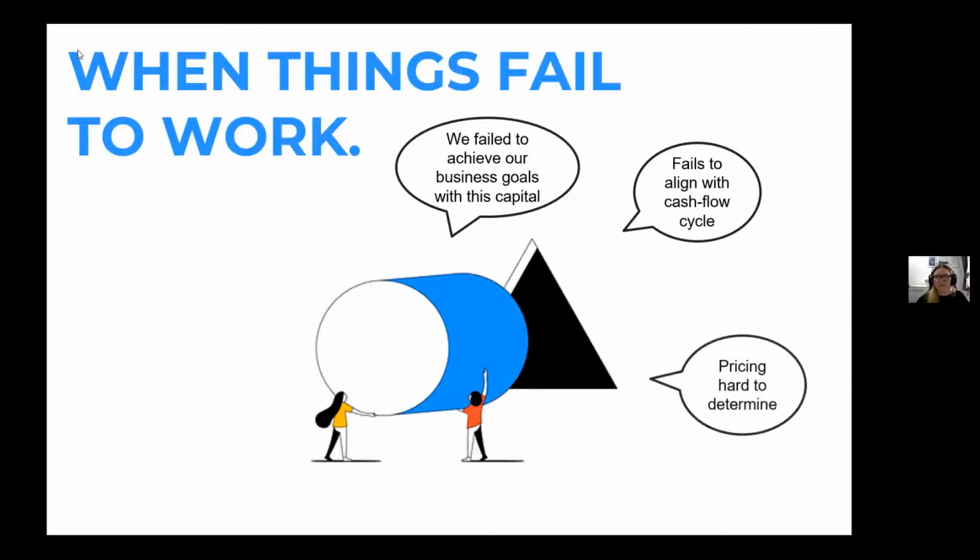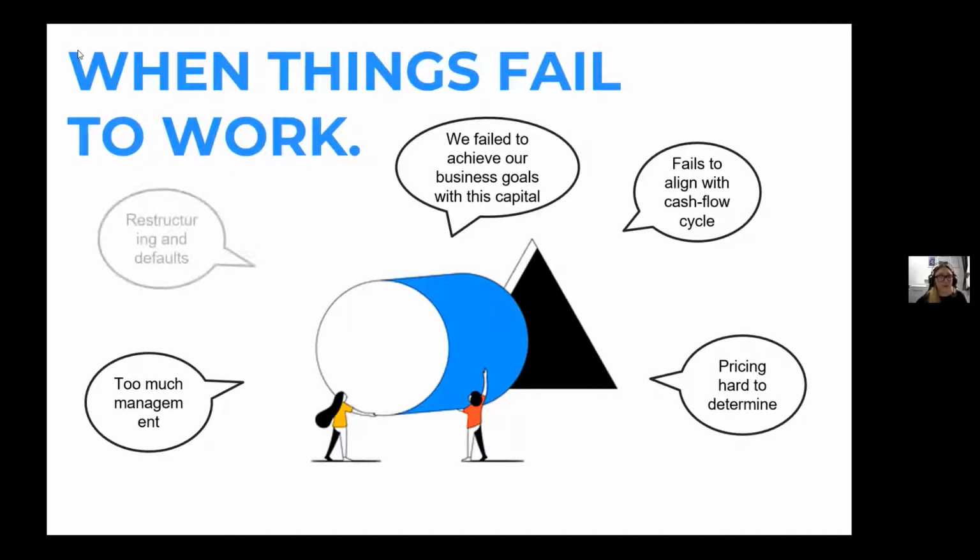Why things don't work? Because the pricing is not clear to you, or is so complex that it's very hard to model, and many solutions in the market have those characteristics right now. It's also too much management. Many companies spend too much time with their lender instead of their business.